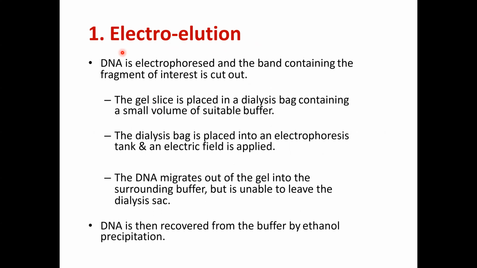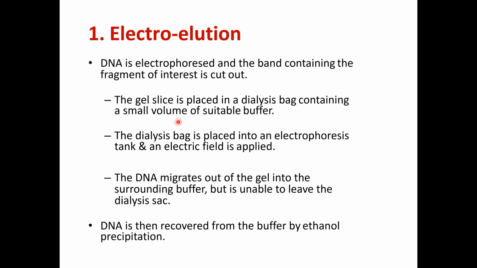This is where your DNA is electrophoresed, and the band containing the fragment of interest is cut out. The gel slice is placed in a dialysis bag containing a small volume of suitable buffer.